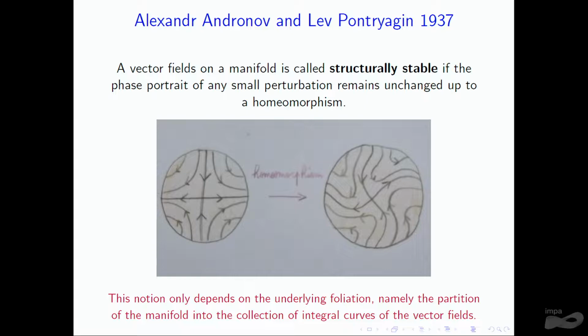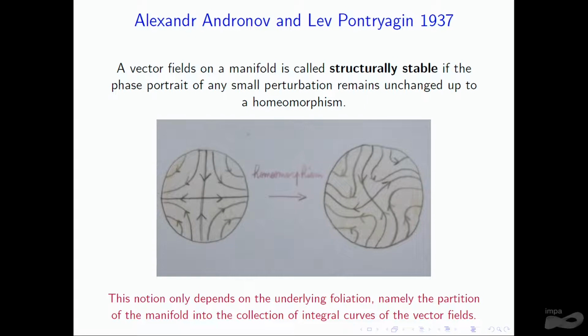So what you can try to do, and this is extremely interesting and not completely understood yet, is look at this set of structurally stable vector fields on the surface. This is an open set in the set of all vector fields on the surface, in fact an open set in a Banach space. It has a very interesting geometry, I think.